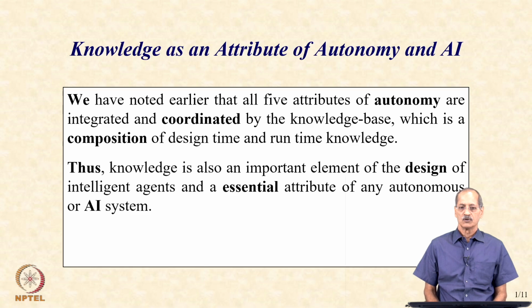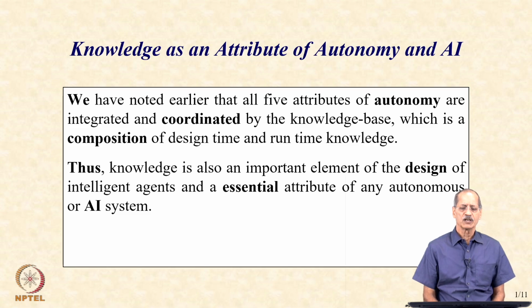Now, we immediately realize that in order for us to complete our understanding of an intelligent rational agent, its design has to include this particular aspect of knowledge as an important element of the design of these agents, and it is also an essential attribute of any autonomous or an AI system.